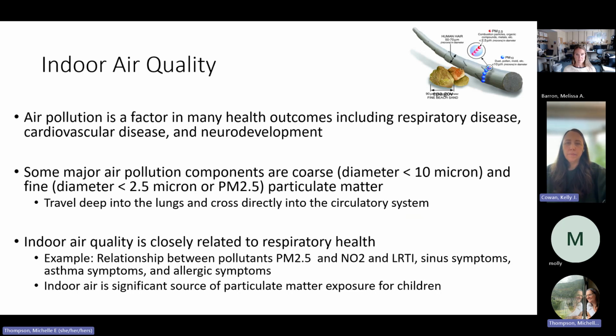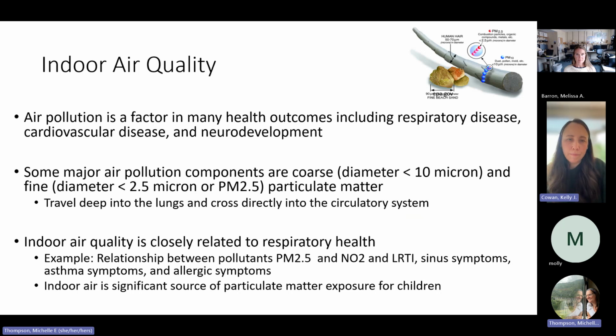And we see then with particulate matter and other factors that is closely related to respiratory health. So example is that with sinus symptoms, asthma symptoms, allergic symptoms, the air pollutants PM2.5 and nitrogen dioxide are examples of pollution that causes problems with these symptoms. And kids are inside a lot, at home and school.